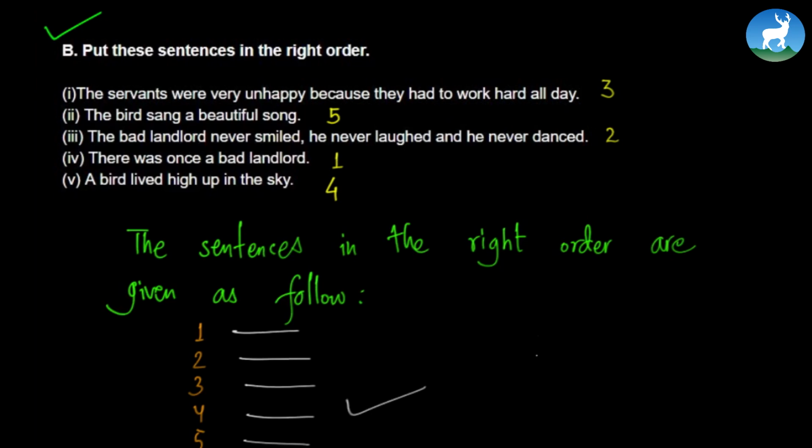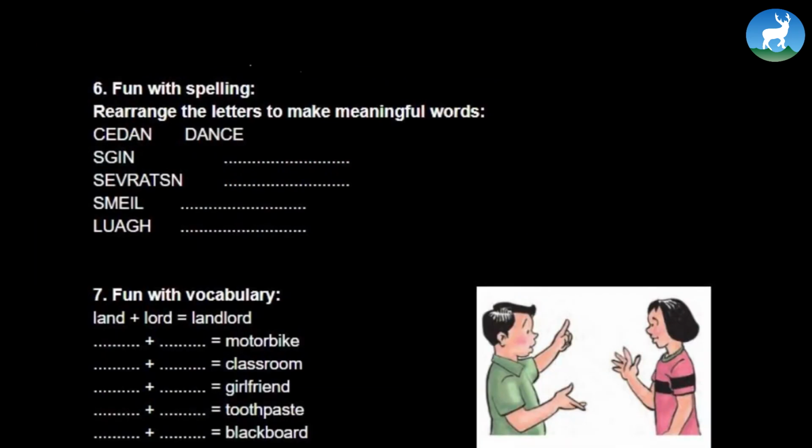Let's move on to the grammar section now. We come to the grammar section of Unit 6, and like always, we've got two sections here. One is called Fun with Spelling and another is called Fun with Vocabulary. The first question is, rearrange the letters to make meaningful words.